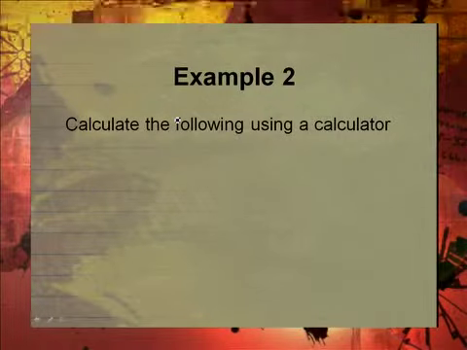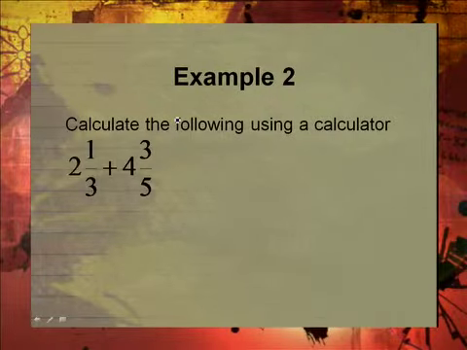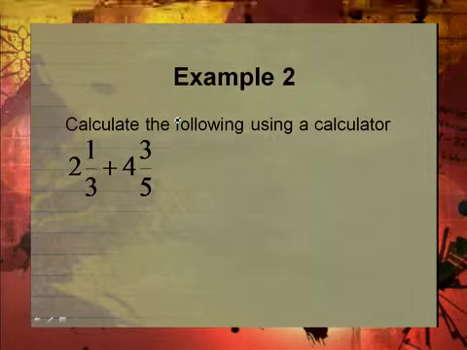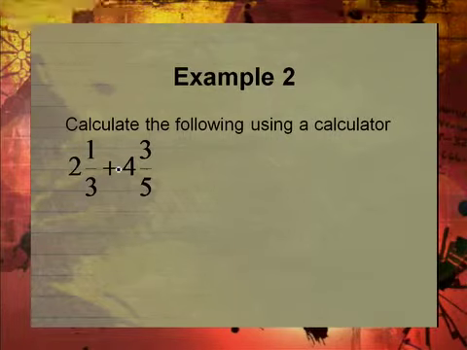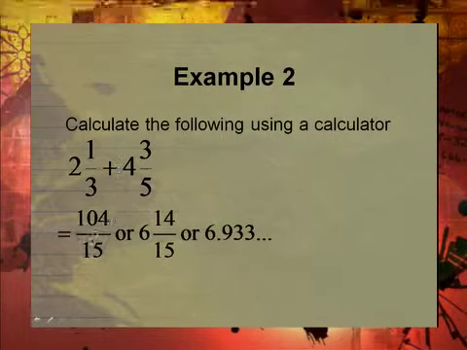Cool. Now, looking at the next example, guys, you calculate the following using a calculator. You have this mixed fraction, another mixed fraction. How to work this out on a calculator? You can first convert to improper fractions, or depending on the question, you can put this on the calculator, and then you will get 104 over 15, or 6 and 14 over 15, or 6.933 on a calculator.